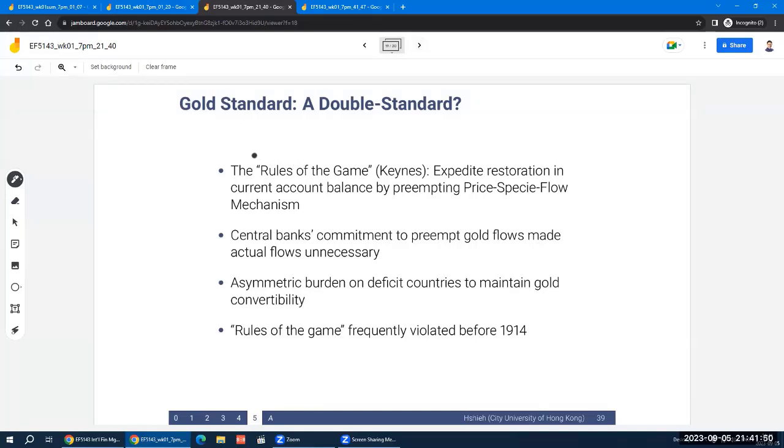So the rules of the game that's mentioned here in this slide is a proposal by an economist that says rather than allow the price specie flow mechanism to occur and slowly equilibrate, we can expedite the equilibrium by just simulating the effects of gold inflows and outflows. So what I mean is that if you expect gold inflows, for example, rather than wait for the gold to arrive, you simply create the inflation yourself.